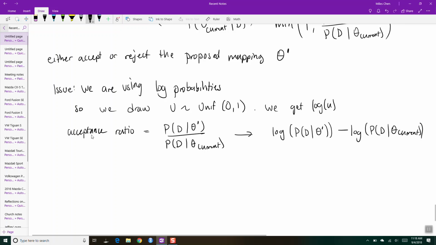Okay, and then we accept if log u is less than this. And reject otherwise.